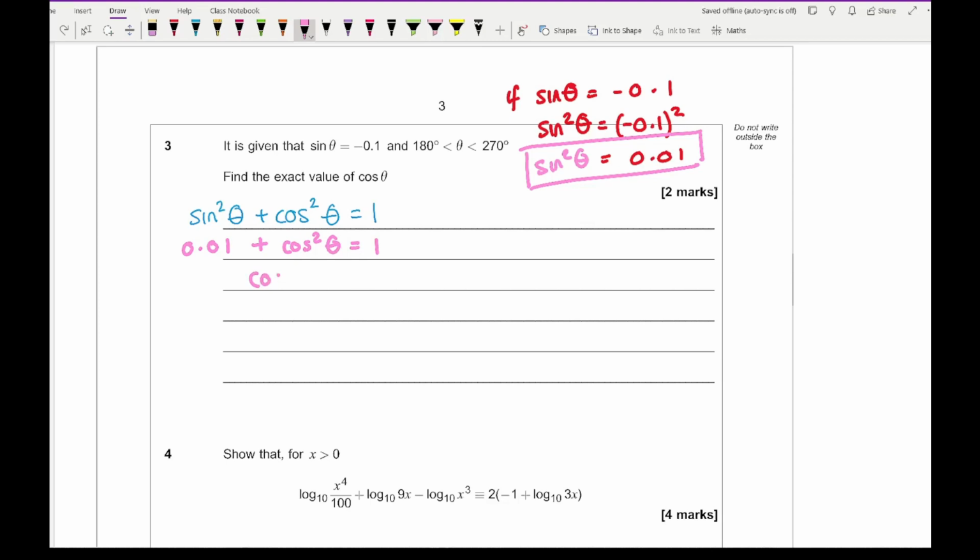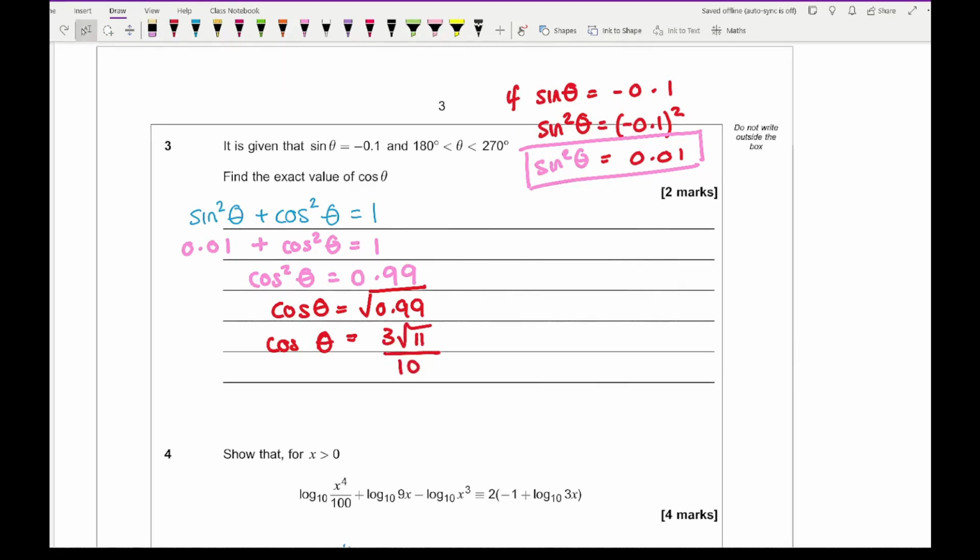So then that means that cos squared theta is going to equal 0.99, and then square rooting that, and again we don't want to do inverse cos, so if I just type in the square root of 0.99 into my calculator, I get 3 root 11 over 10.